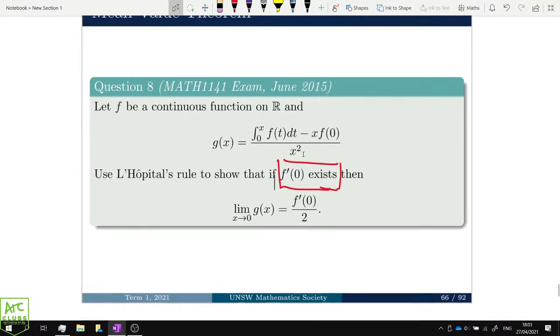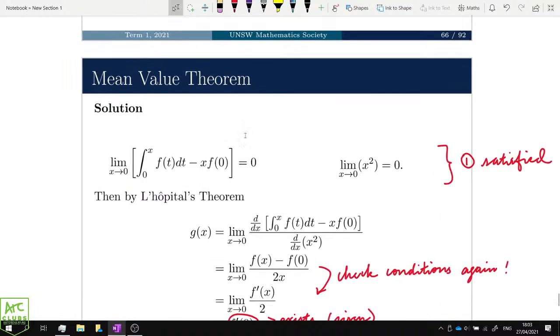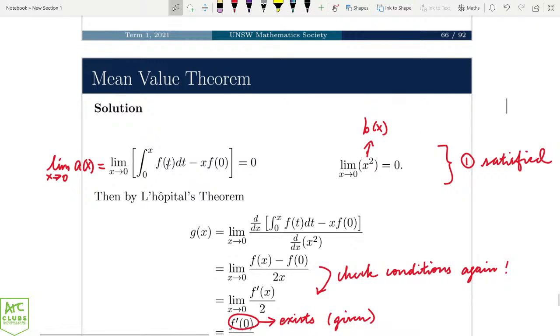If we call the numerator a(x) and the denominator b(x), we're saying that the limit as x approaches 0 of a(x) is equal to this, and same thing for b(x) here. As you can probably see already, as x approaches 0, both of our functions a(x) and b(x) approach 0. So that satisfies our condition 1.